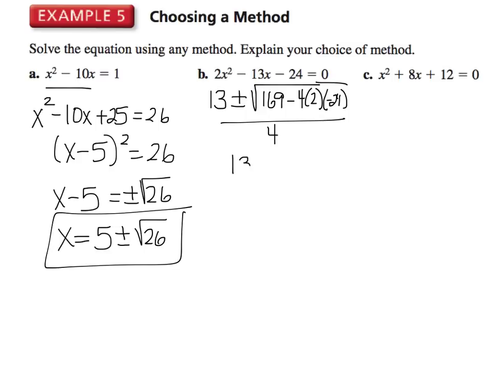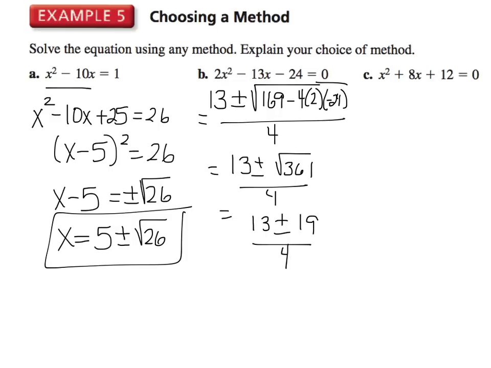That gives me 13 plus or minus the square root of 361 divided by 4. That gives me 13 plus or minus 19 divided by 4. 13 plus 19 divided by 4 is 8. And 13 minus 19 divided by 4 gives me negative 3/2.